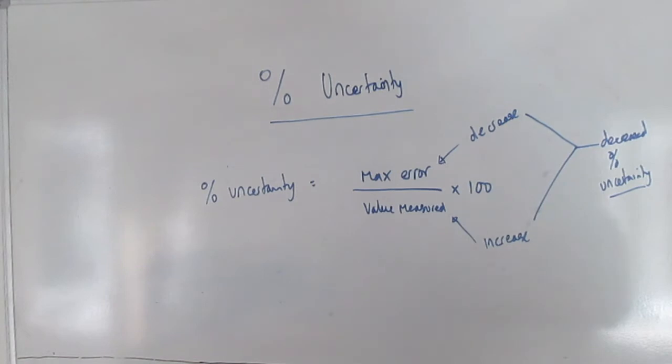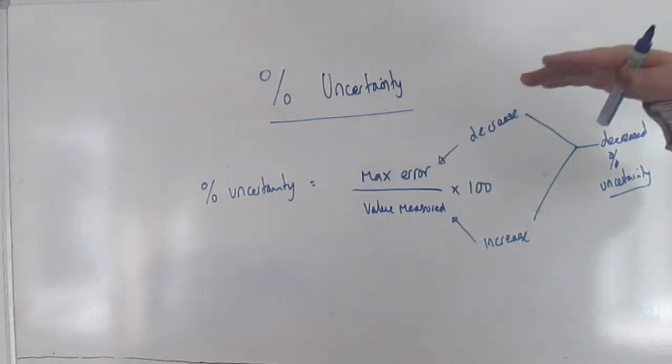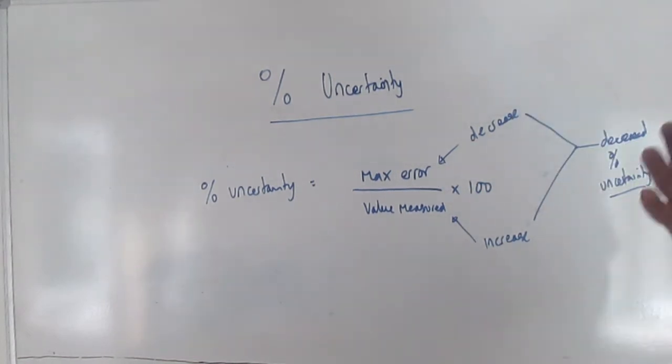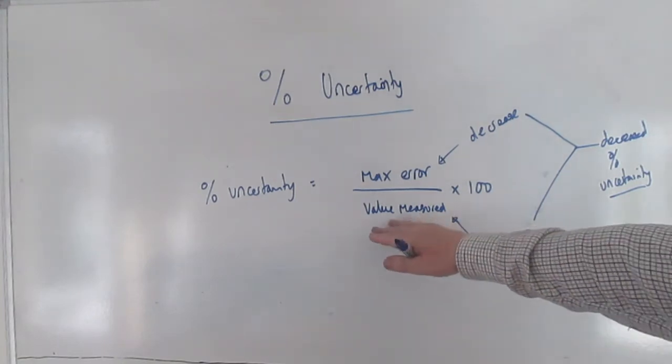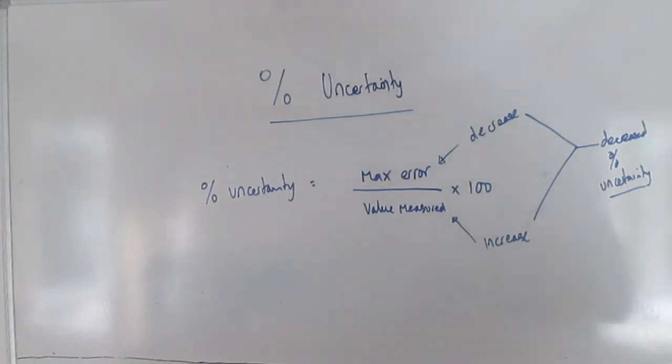So that's an important idea, that by scaling up to a larger value measured, then the percentage uncertainty can be decreased. And that often is going to be a more realistic thing to do than buying a new balance or whatever it might be. So always think about, can you easily increase the size of the value measured, and with a mass that would be a reasonable thing to propose to do.